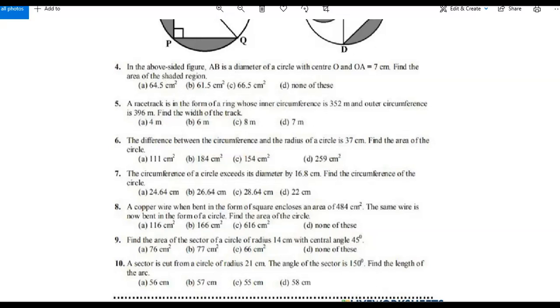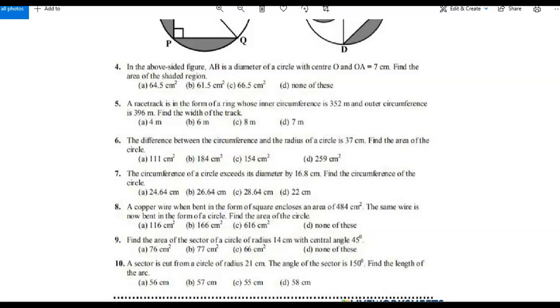That would be 44 upon 7 r minus r is equal to 37. Take the LCM as 7, and then you will get 44r minus 7r is equal to 37.